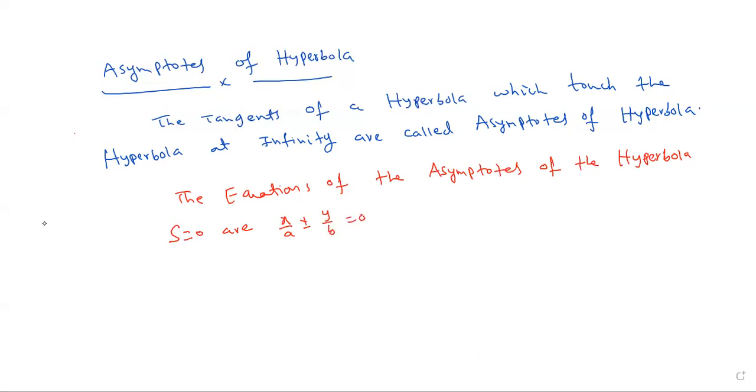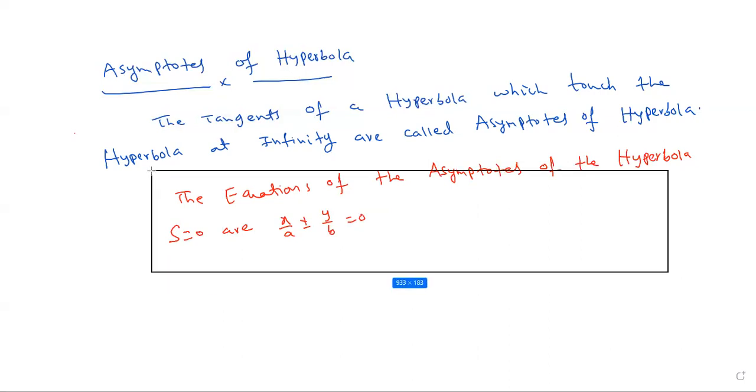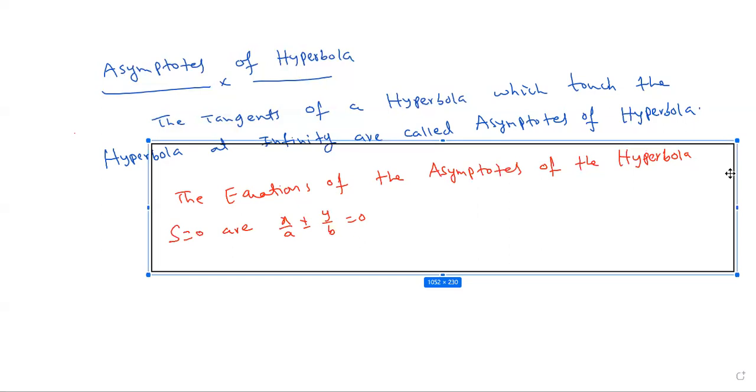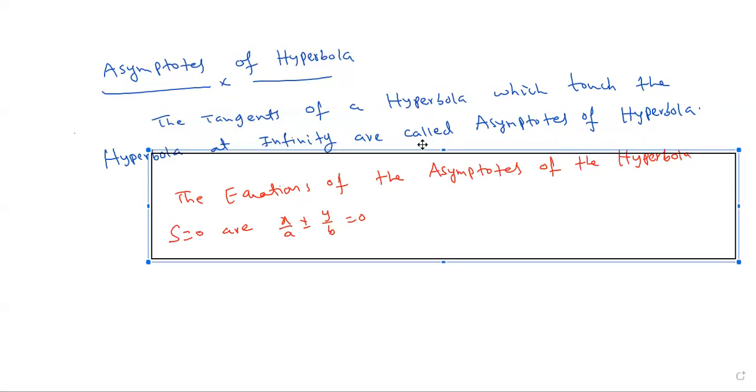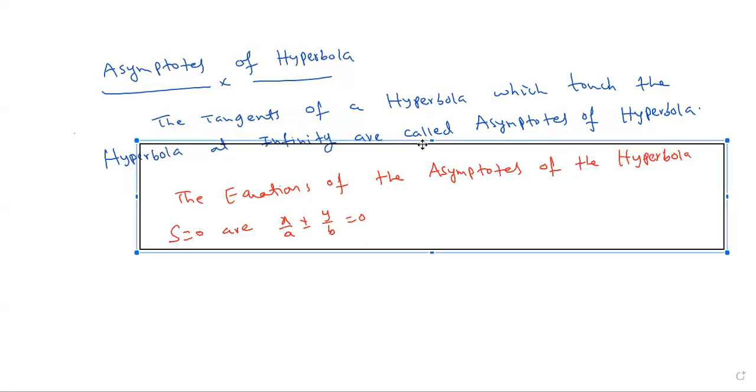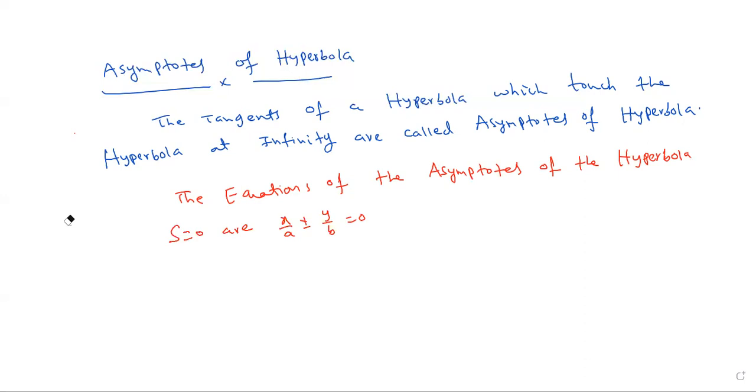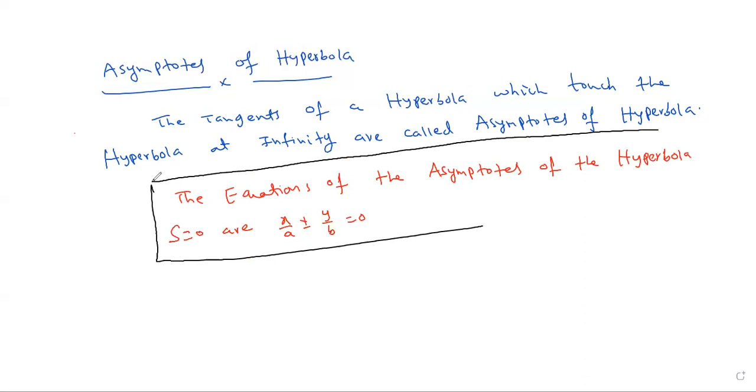This is the formula for the equation of asymptotes: x by a plus or minus y by b equal 0. Most important.